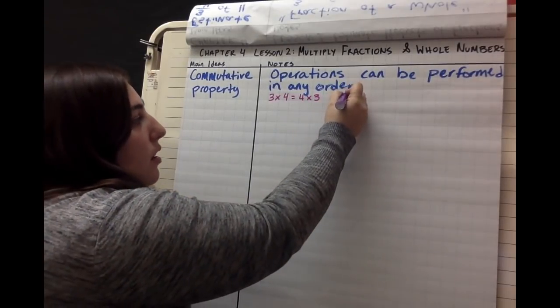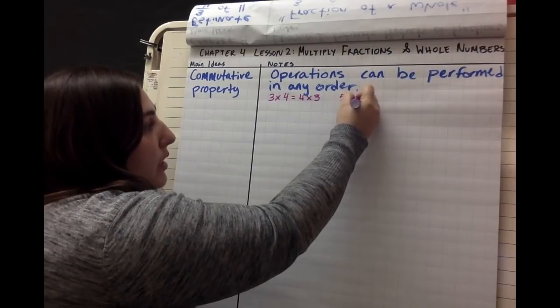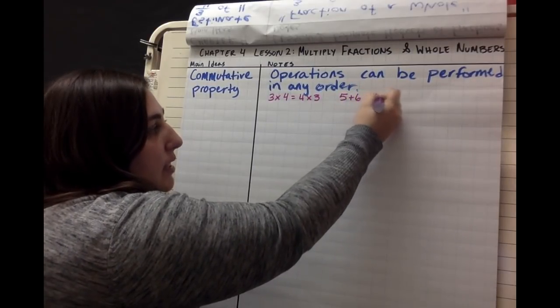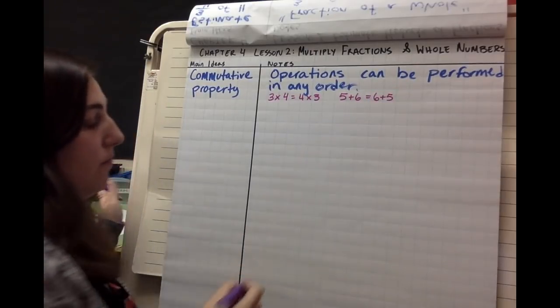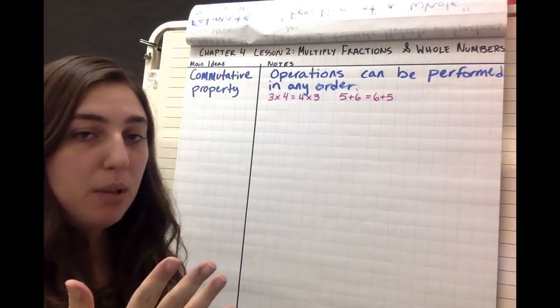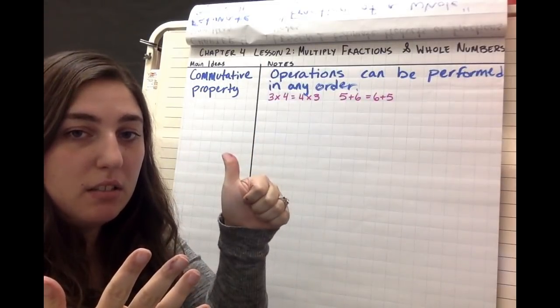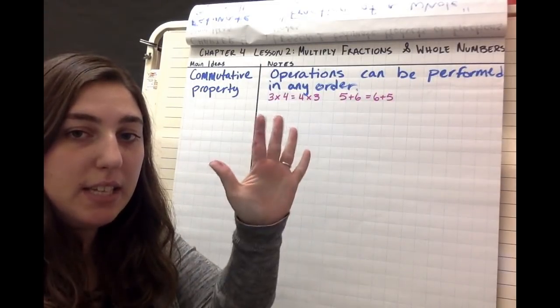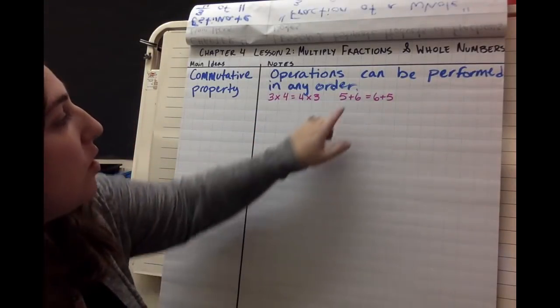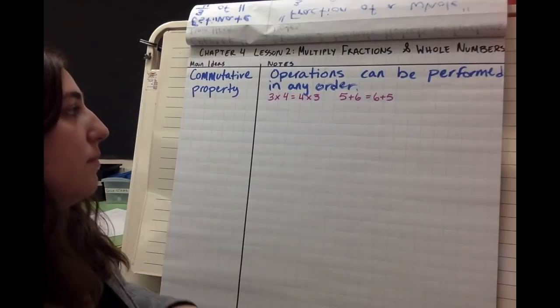How about addition? Does addition work? So let's see. 5 plus 6, that's the same as saying 6 plus 5. Because any way you do it, 5 plus 6 is 11, and 6 plus 5 is 11. Okay? So addition works.